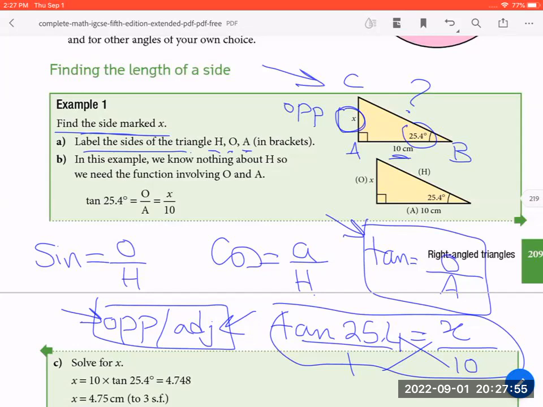So we're going to use tan. We already have what tan equals, it's 25.4, and we have the adjacent, which is 10. So we're going to cross multiply. So x, the opposite, will equal 10 tan 25.4. And that's equal to 4.75. Okay, that's great.